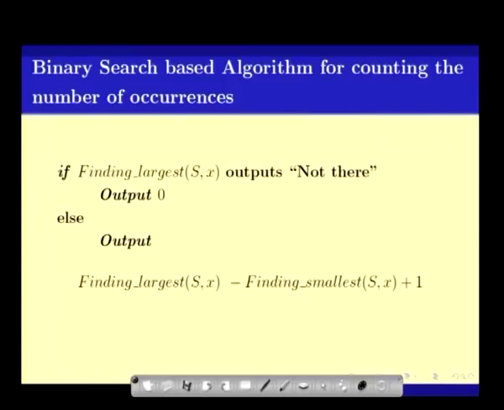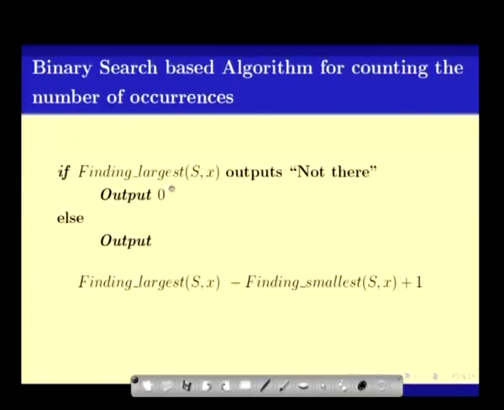And now, our final algorithm for counting is: we first run the finding-the-largest algorithm. If that outputs not there, that means this x is not even in this set, and then we output 0.